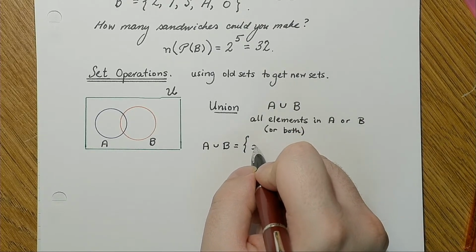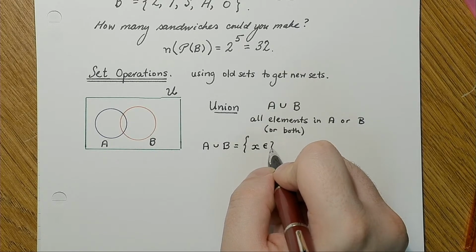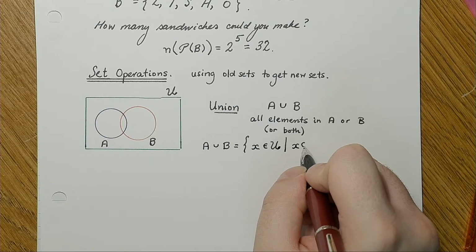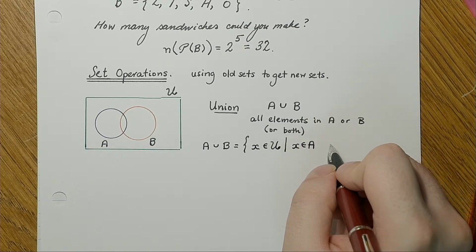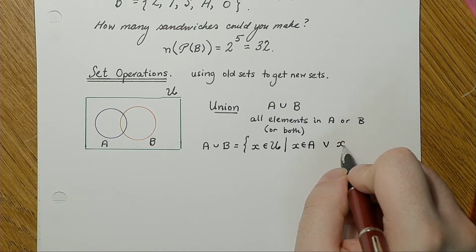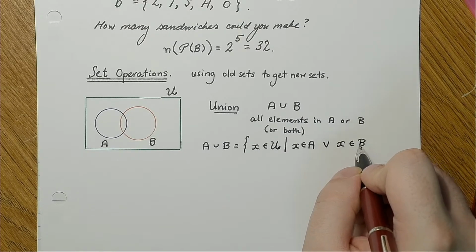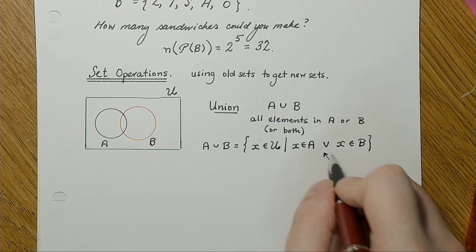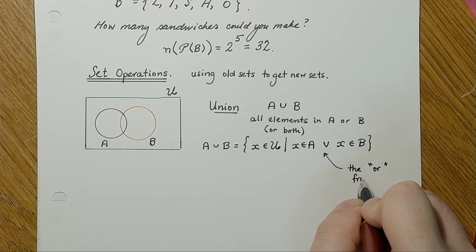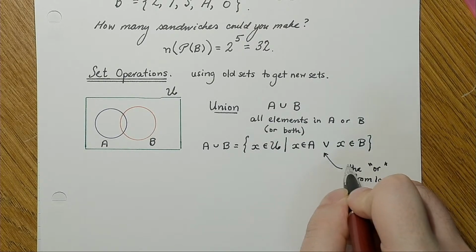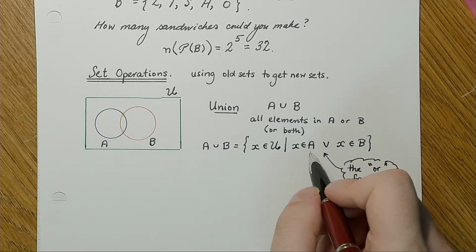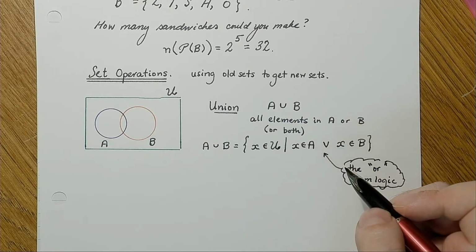I can say that it's all the elements in the universe such that the element is either in A, and there's the disjunction coming back from logic, or B. We know from logic that or means that it has to be in A or B or both.